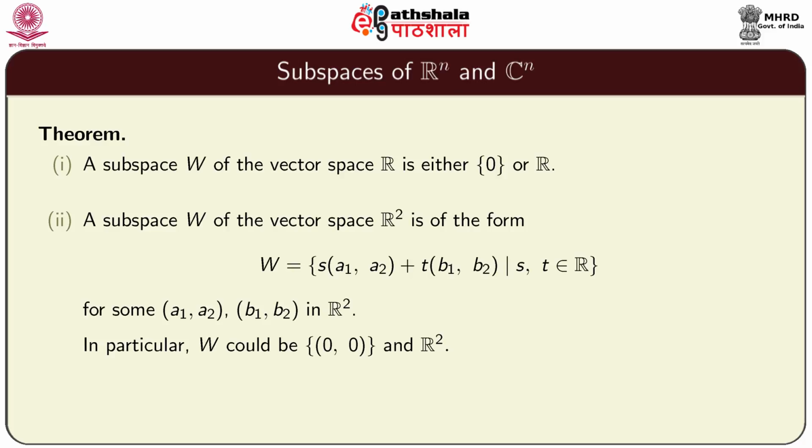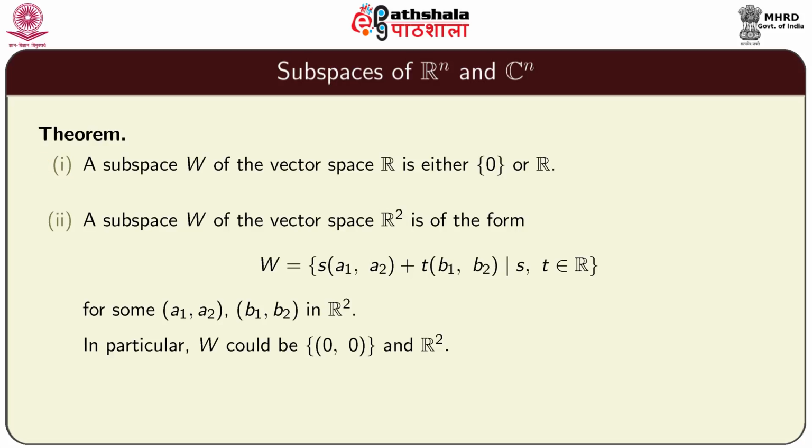Now, let us try to classify the subspaces of R n. So, to begin with, let us try to understand the subspaces of R and R 2 first. So, the theorem says a subspace W of the vector space R is either just singleton 0 or R itself.